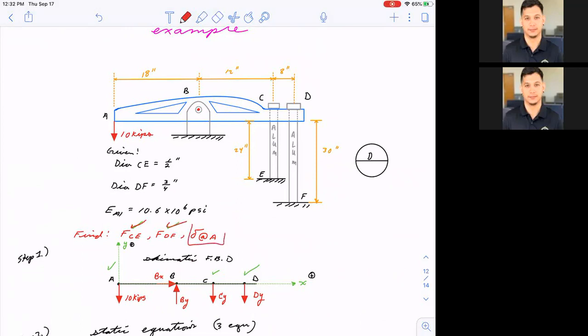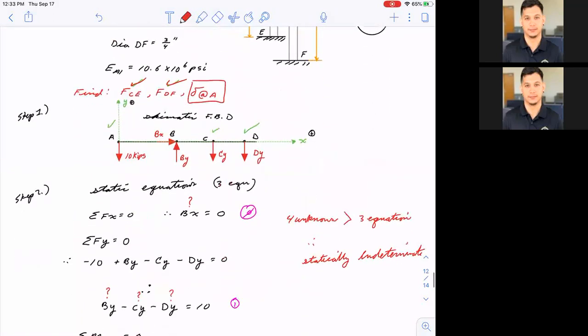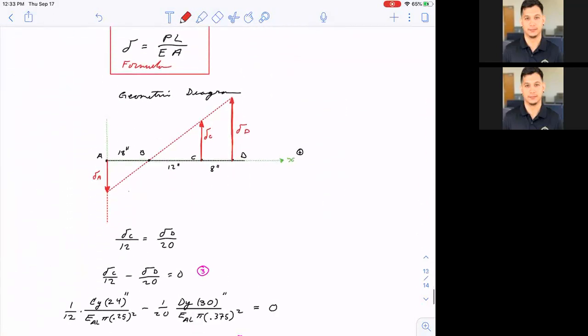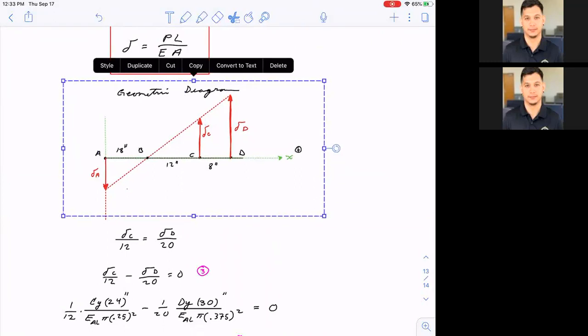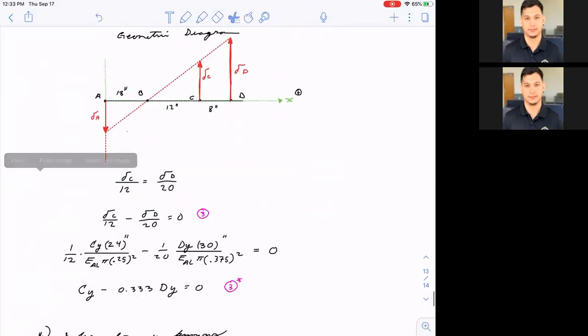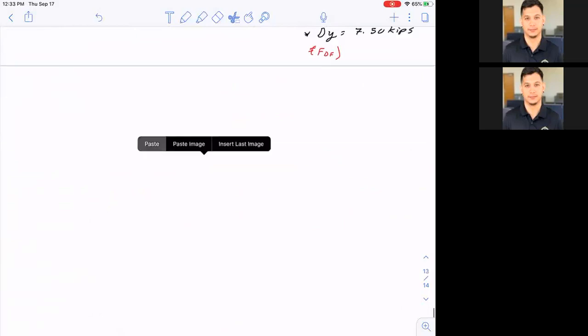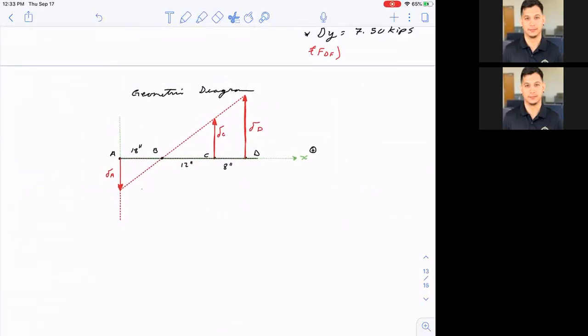Now we need to find the deflection at point A. So let's go back down to our geometric diagram. Okay.